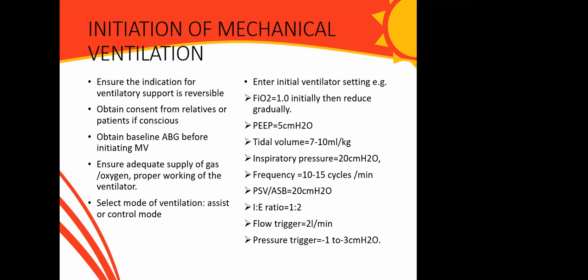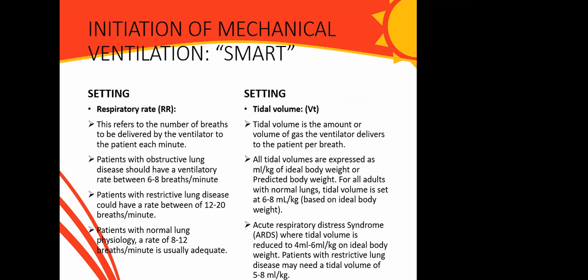Initial expiratory pressure should be at 20 centimeters of water, and for adults, frequency should be between 10 to 12 cycles per minute, and your pressure support or assist spontaneous breathing should be around 20 centimeters of water. The normal aeration is between 1 to 2, and your flow trigger should be at 2 liters per minute, and pressure trigger between 1 to -3 centimeters of water. These are your initial ventilator settings that you want to enter.